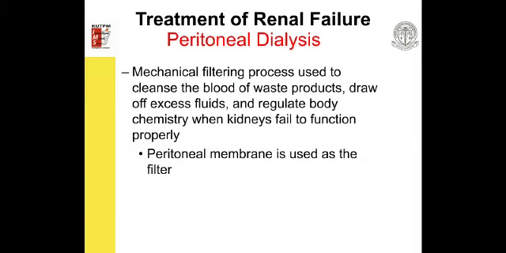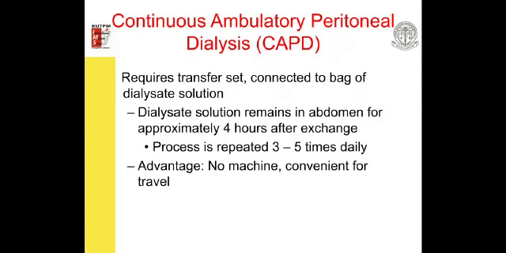The treatment of renal failure also involves peritoneal dialysis. It is a mechanical filtering process used to cleanse the blood of waste products, draw off excess fluids, and regulate body chemistry when a kidney fails to function properly. The peritoneal membrane is used as a filter. There is another one called CAPD, continuous ambulatory peritoneal dialysis.